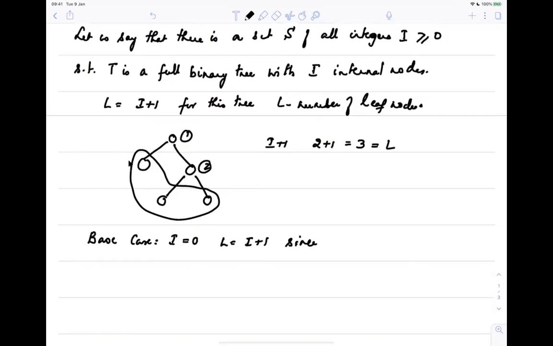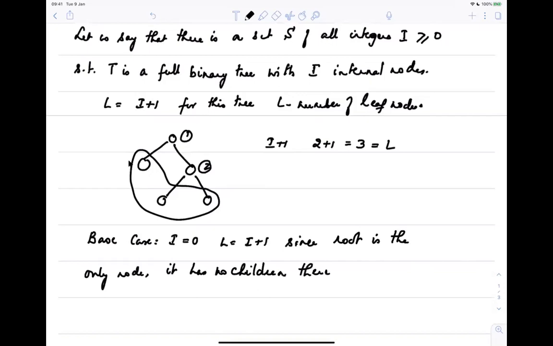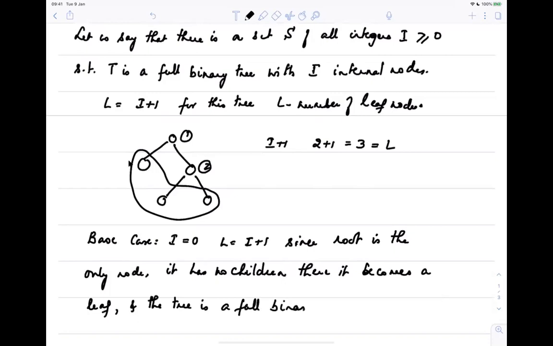Since the root is the only node, it has no children, therefore it becomes a leaf node, and the tree is a full binary tree.